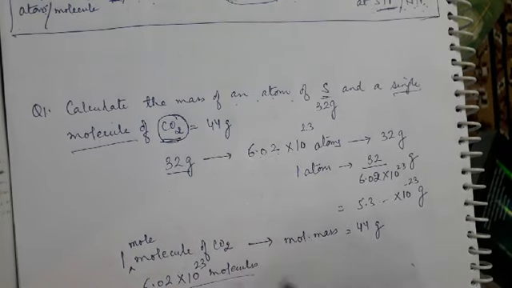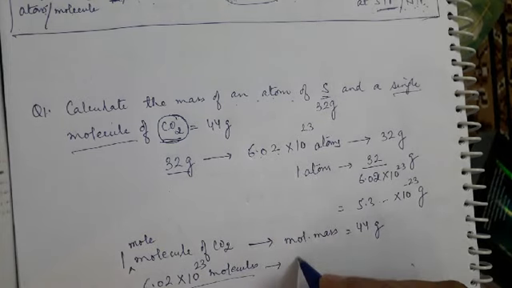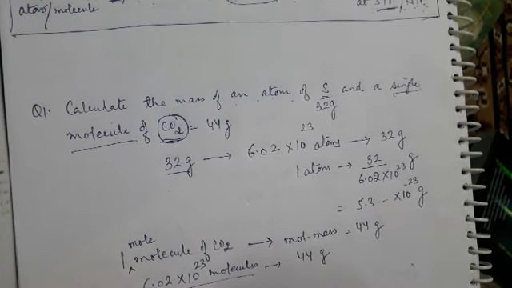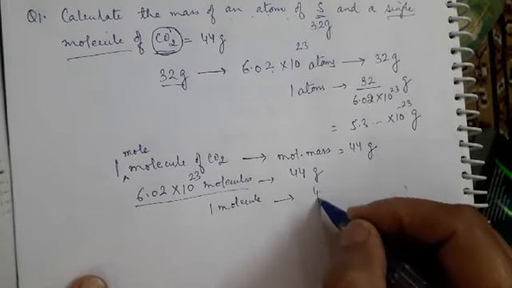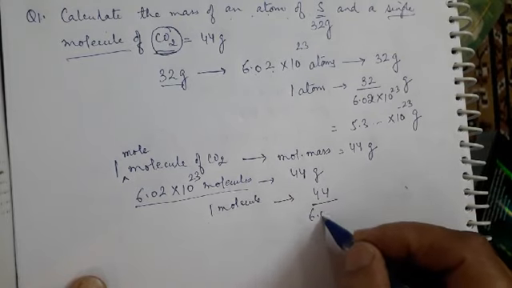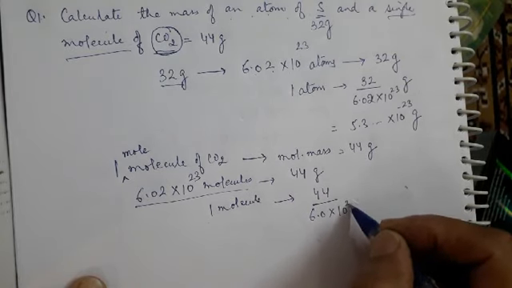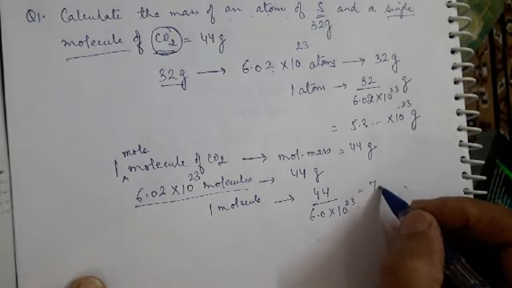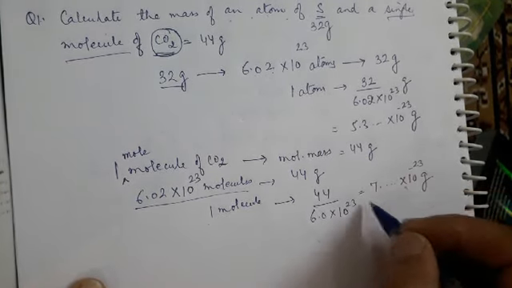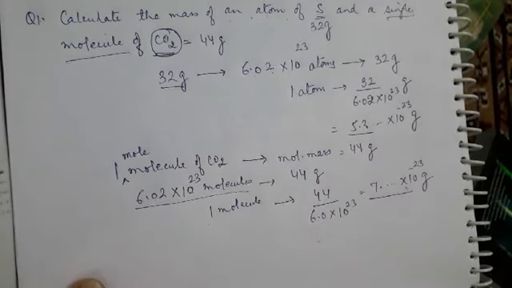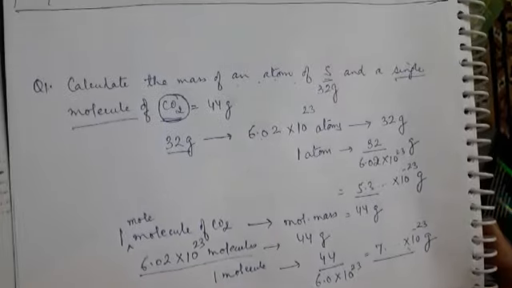So we can say that these NA molecules weigh 44 grams. One molecule will weigh 44 upon 6.02 into 10 to the power 23. This will be approximately 7 point something into 10 to the power minus 23 grams. You can find it out accurately. I hope I am clear to you all.